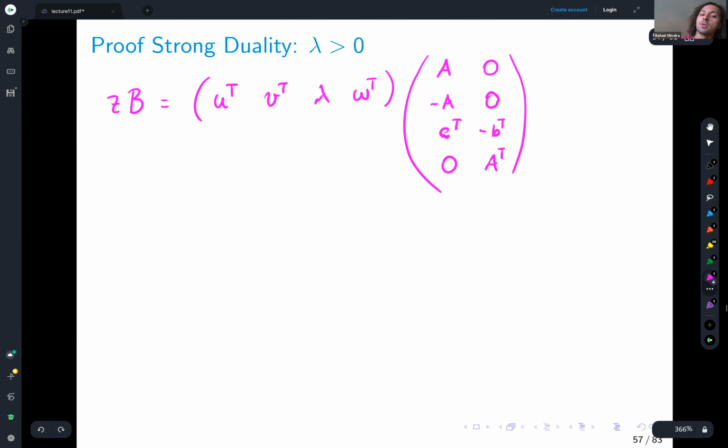And now we need this to be 0. But what is this? Well, let's do the multiplication.